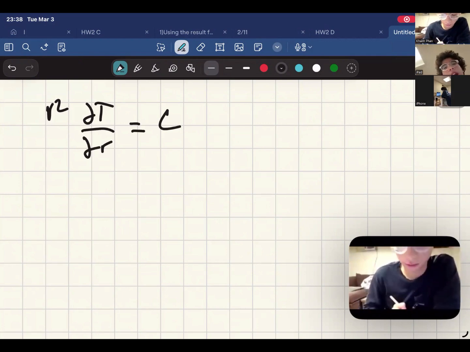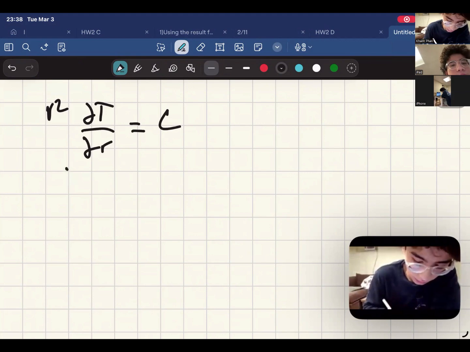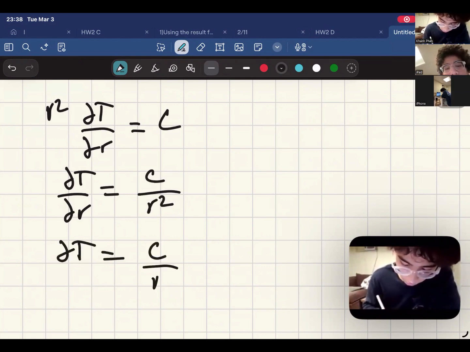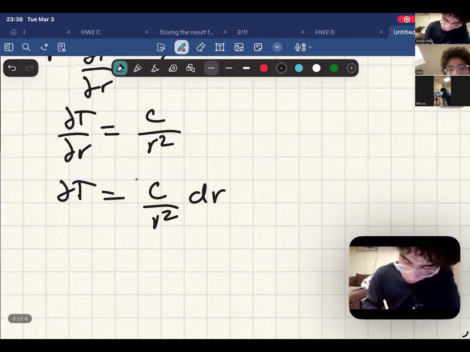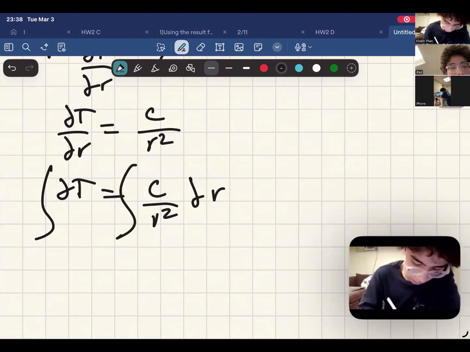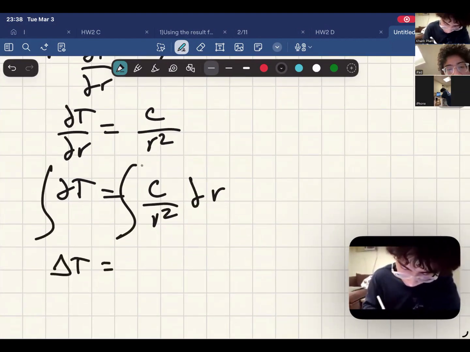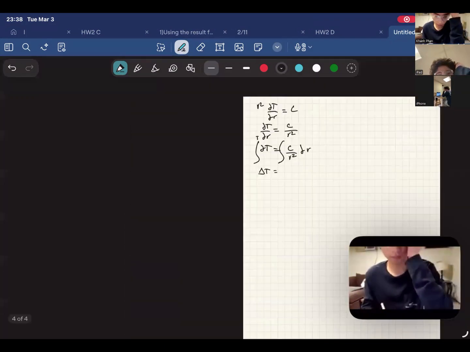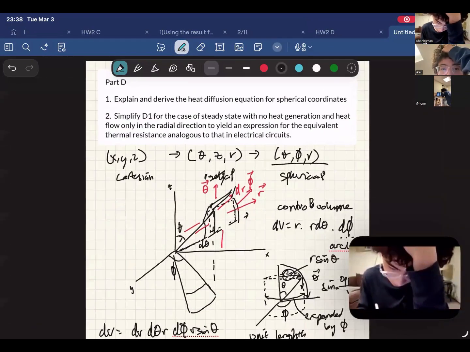And then now let's compute that constant, okay? So let's find what that constant is. So dT dr is equal to c, constant, over r squared. We do separation of variables. We have c over r squared times dr. Integrate both sides. We would have delta T is equal to, let's set up the boundary, let's see what the question was.